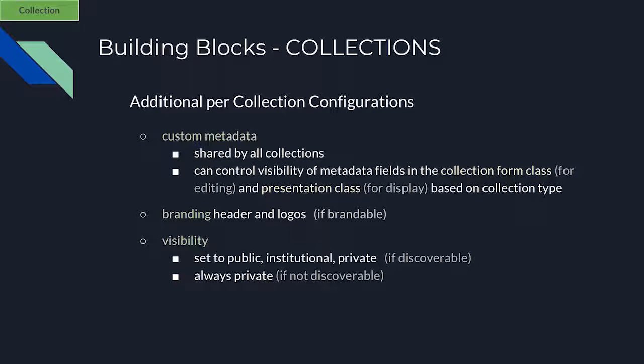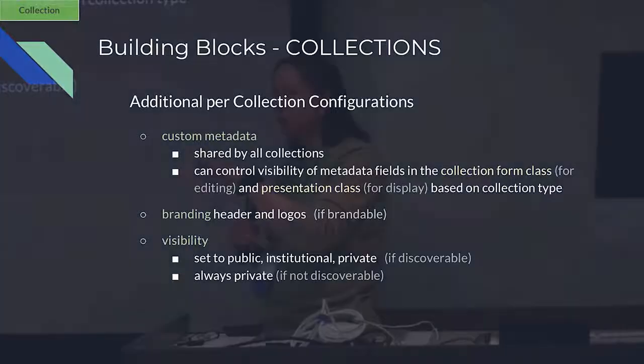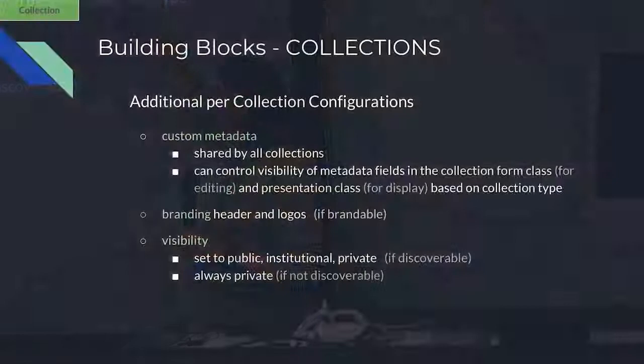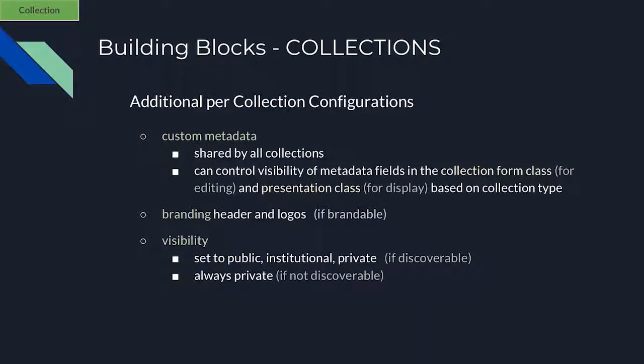Unlike work types, where you can define a different set of metadata for each work type, the metadata is shared by all the collections. There is a way to get around that by checking what type it is in your form class or your presentation class.